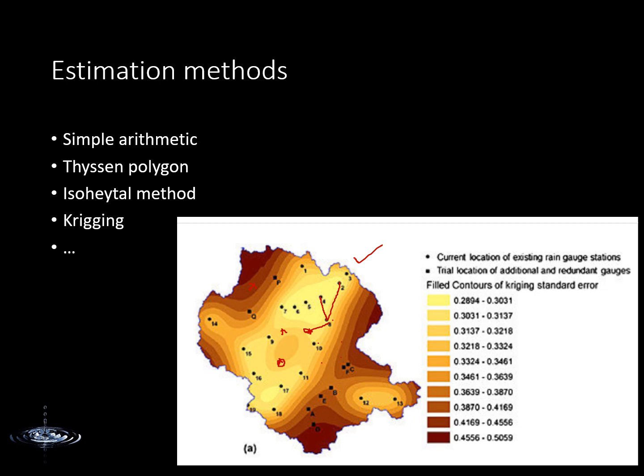From that we calculate the variogram and then use it for estimation of rainfall. This kriging method can be used not only for rainfall, but for interpolation of any climatic or any spatial data.